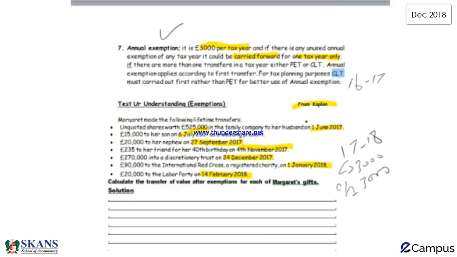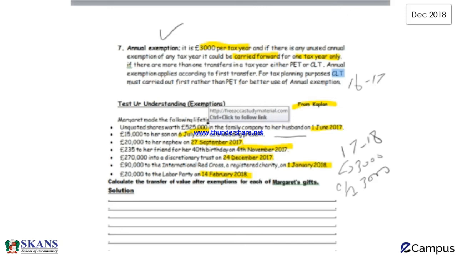But you would only be able to deduct £325,000 out of 525,000, and the rest you can deduct with two annual exemptions, if her husband is a non-UK domiciled individual. I will be assuming that her husband is UK domiciled, and that's why this 525,000 transfer would not be considered as a PET. Rather, it would be considered as an exempt transfer because her husband is UK domiciled.